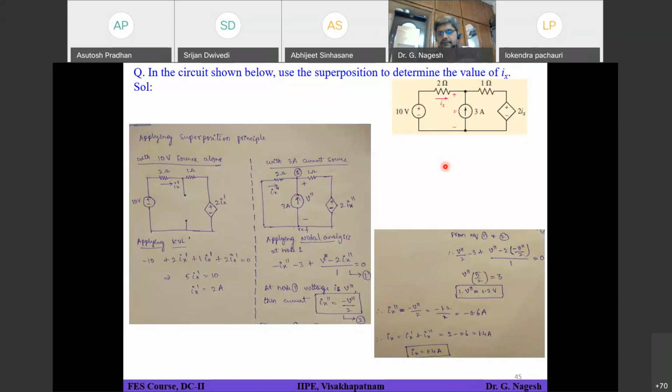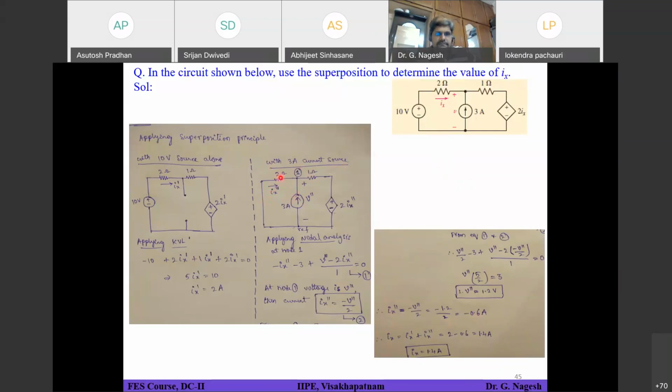Sir, this source current is flowing from up to down, no sir? What is this, Ix double dash is minus 0.6. So Ix double dash in circuit 2, that means with the 3 amperes current source, it is showing minus 0.6 flowing from left to right.